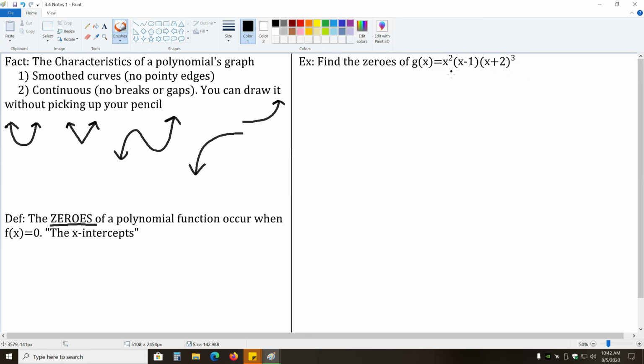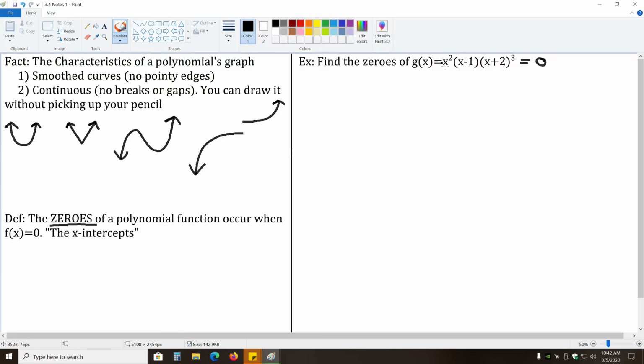Well, to find the zeros of this, we know that a zero occurs when the function equals 0. So we're going to take x squared times x minus 1 times x plus 2 cubed and set it equal to 0 and solve.